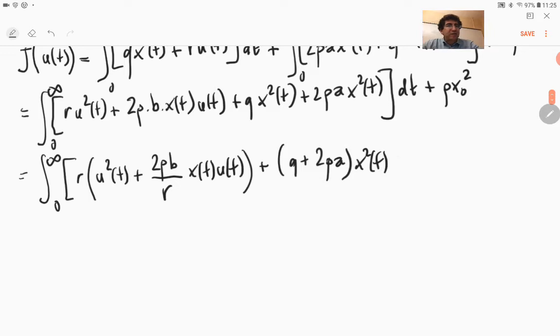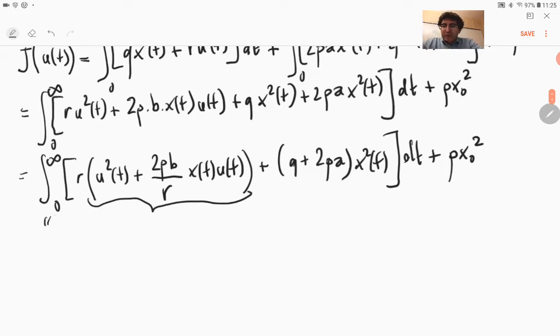We also take x square of t into parentheses, dt plus px0 square. Now this term we want to complete into a full square.